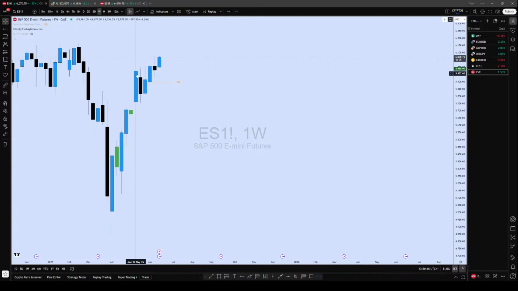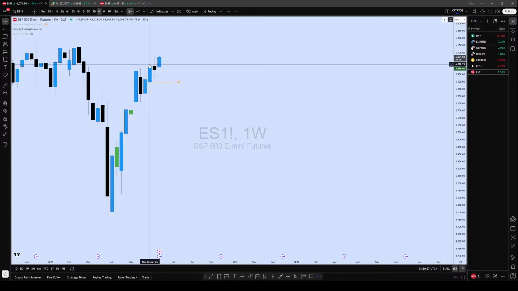So starting with May 12th, took our previous week high, supposed to come for previous week low, that didn't happen, came for previous week high again, rejected, supposed to come for previous week low, that didn't happen, went up, took our previous week high again, supposed to come for previous week low, that didn't happen.